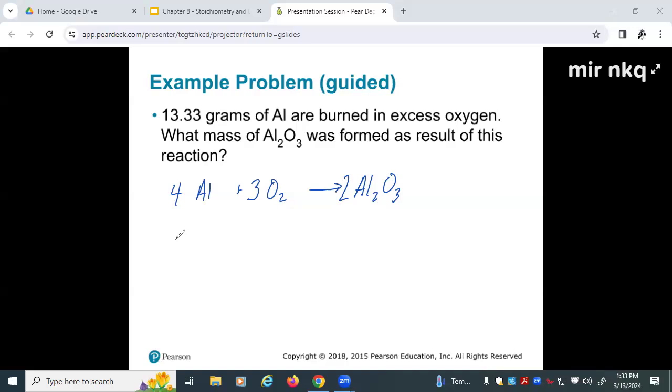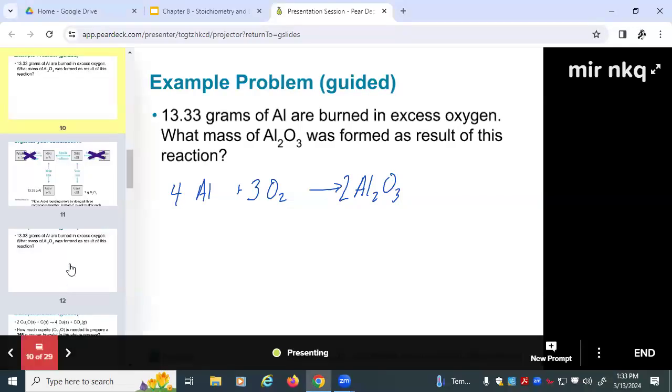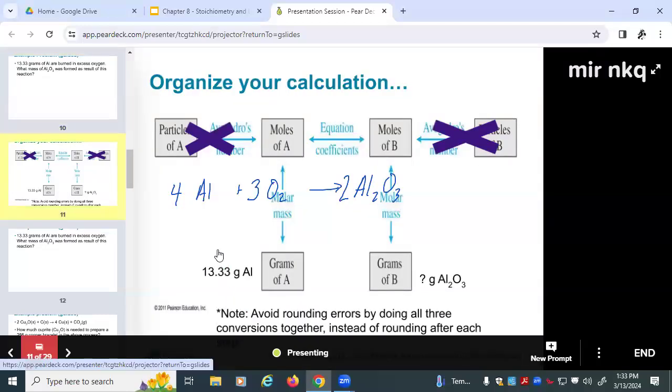Well, let's just imagine that the balanced chemical equation is written right here in the middle of that mole map. So just to illustrate that for if you're watching this later. We're going to do it something like that.